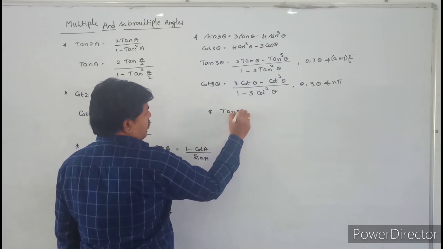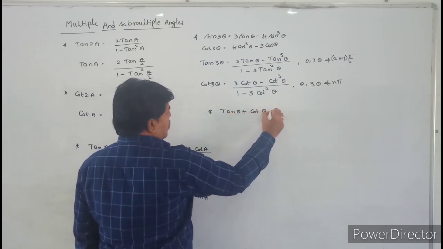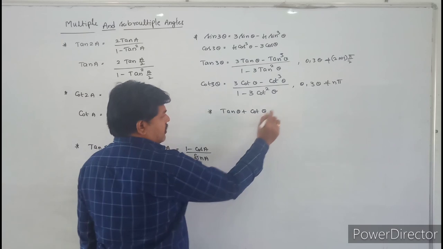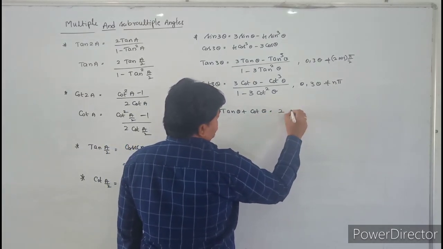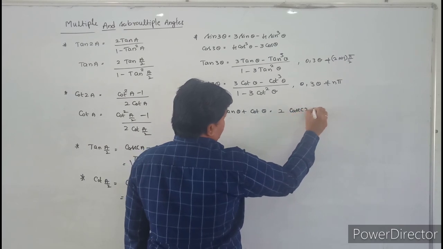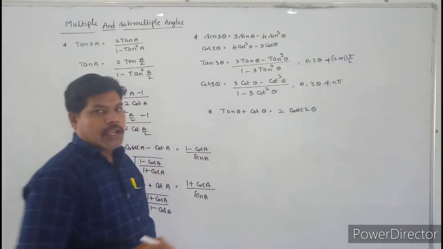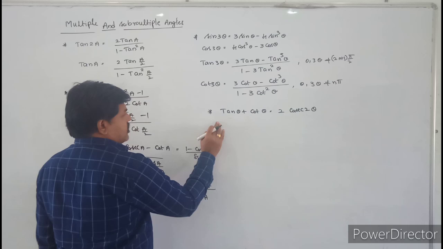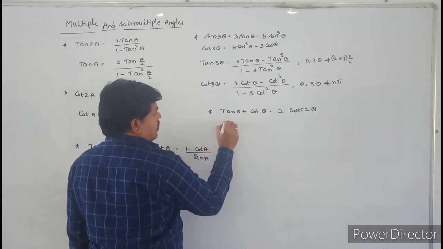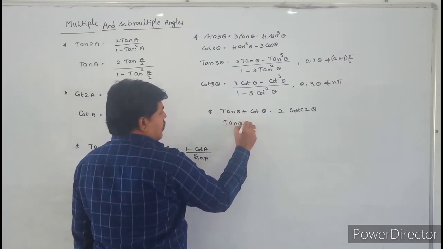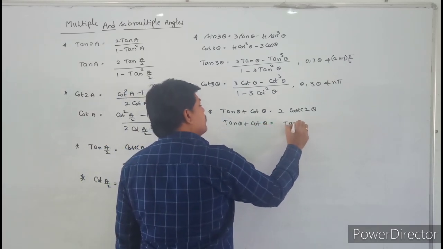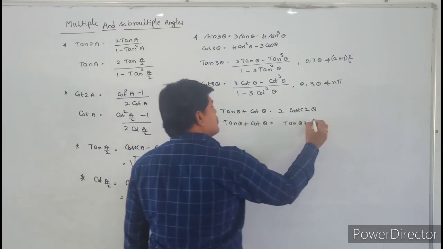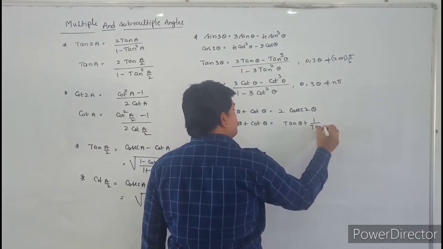Tan theta plus cot theta is equal to 2 cosecant 2 theta. So see this one, students, an important condition we will use in the problems. Tan theta plus cot theta is nothing but tan theta plus 1 by tan theta.